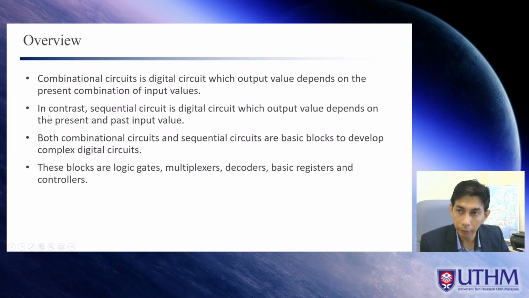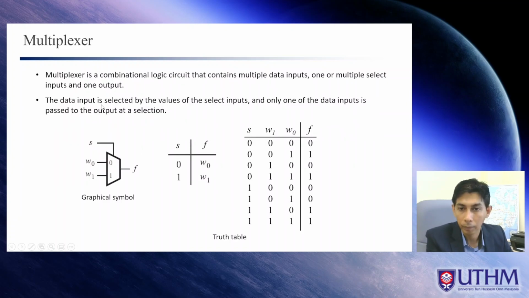Okay, so in this chapter, we will focus on the combinational circuit. Let's look at the first combinational circuit that we are actually familiar with, because this one was introduced to you in the first and second chapters already, which is the multiplexer.